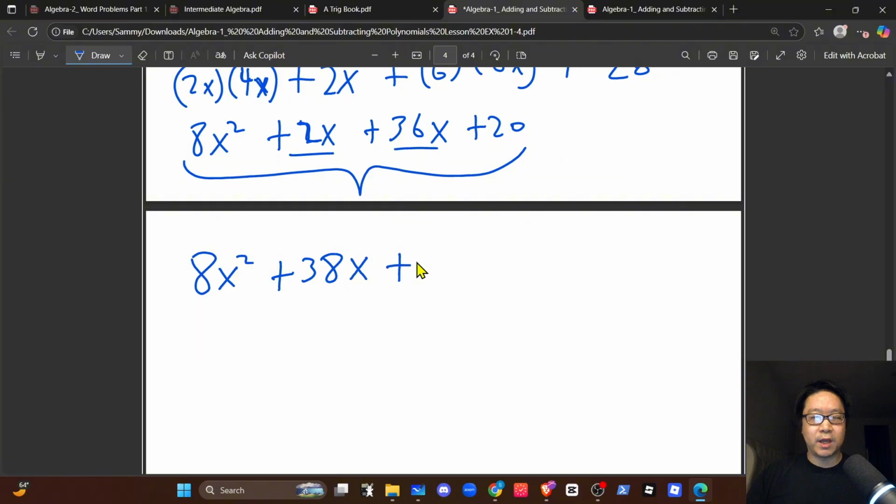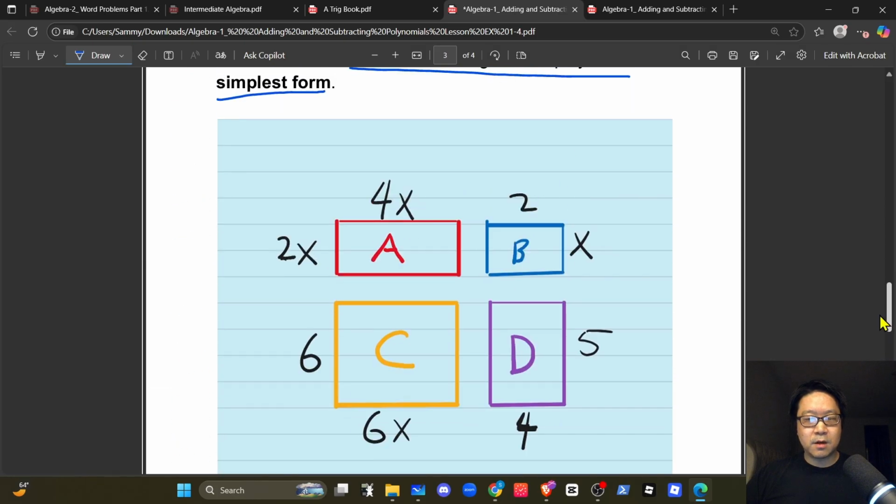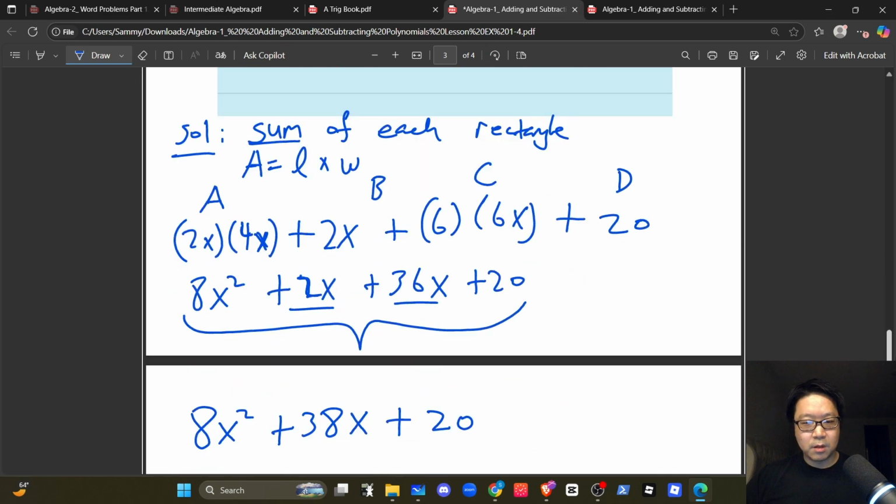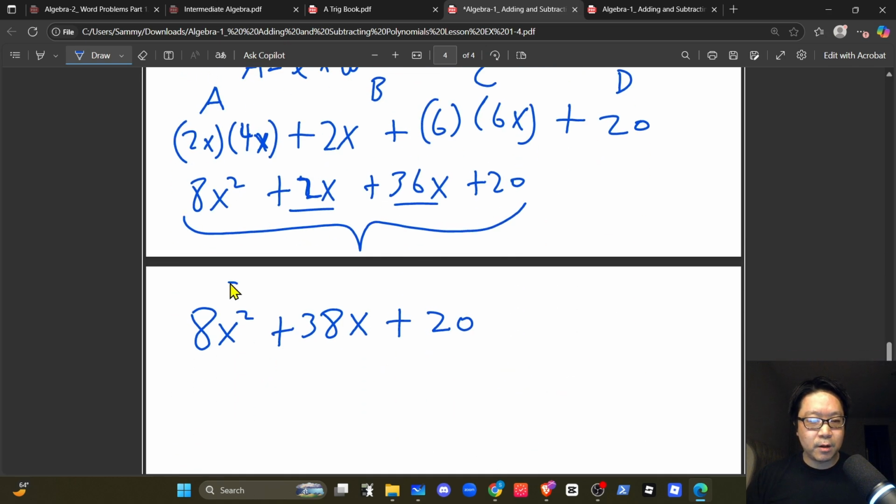And then we have 20 at the end. And there we go. The sum of all the areas of all these rectangles is going to be 8x squared plus 38x plus 20.